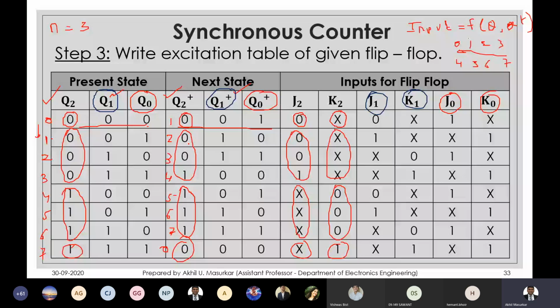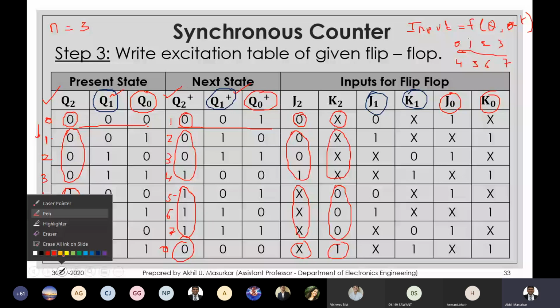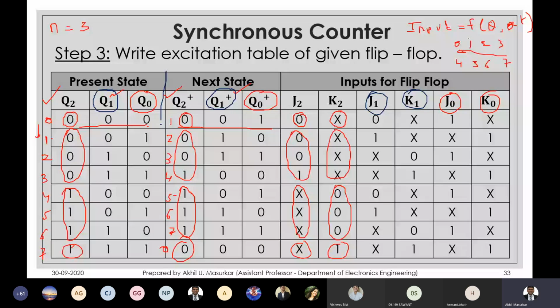Actually, if I'm putting a demarcation line here, if this thing is 1, this thing is going to be 2.